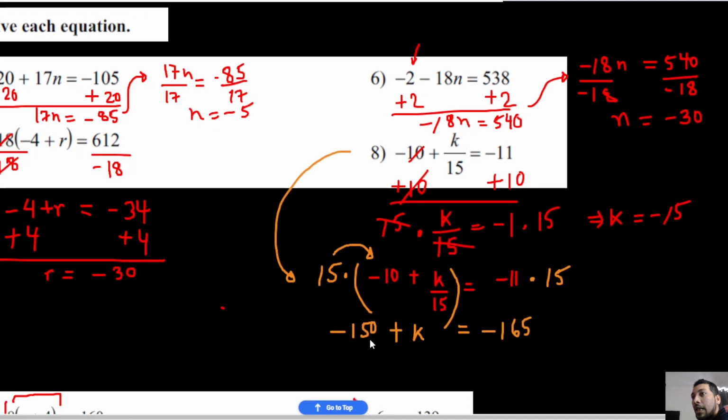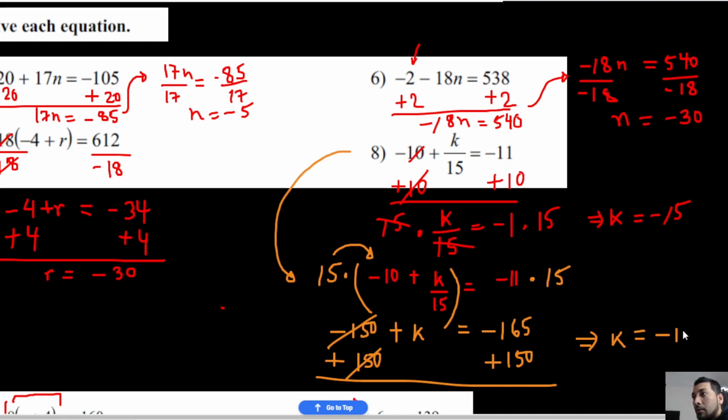Now we can simply get rid of this negative 150. We add 150 on both sides. So k equals negative 165 plus 150, which is negative 15.